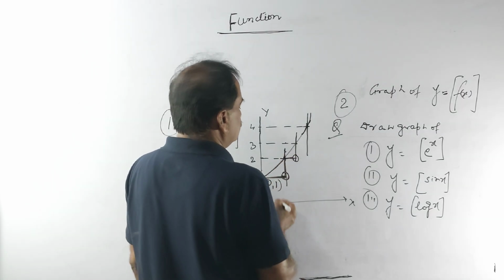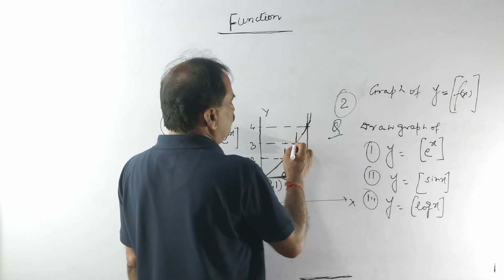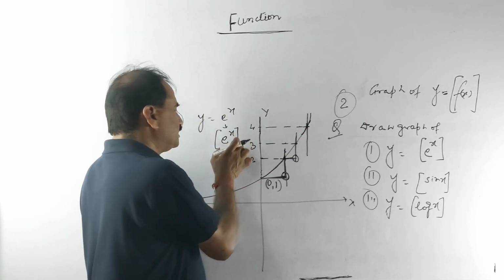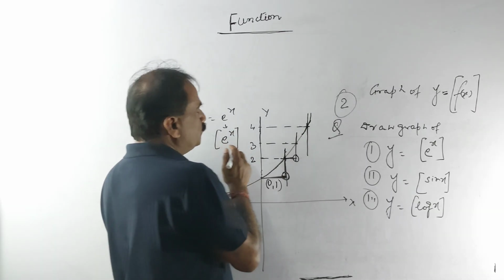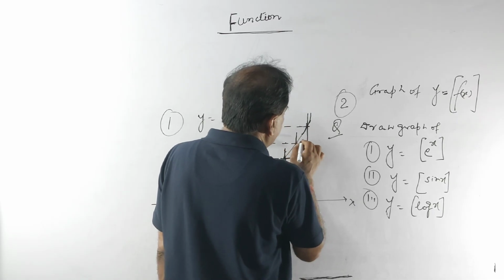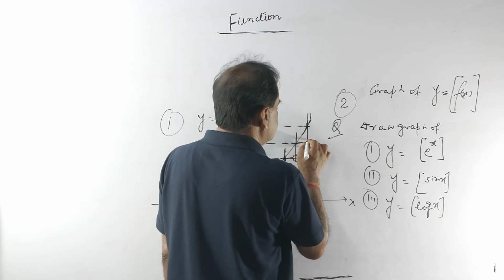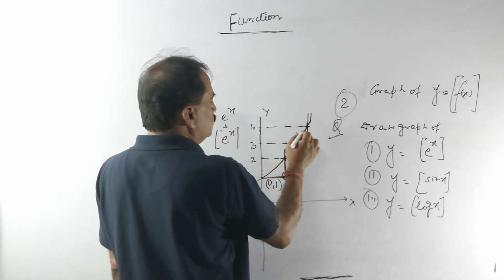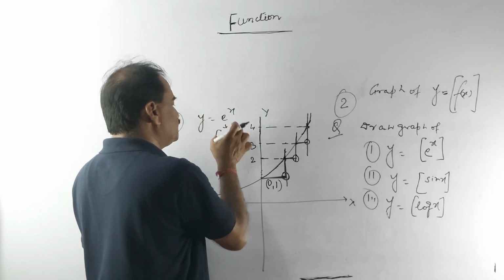This point exists. Now between these two vertical lines, we see the value of x. The value of x lies between 3 to 4. So the integral part of a number between 3 to 4 must be equal to 3. So the y coordinate must be equal to 3. Therefore the graph between these two vertical lines must be this horizontal line. But this point must be excluded, because at this point the value of x is 4, so the integral part must be equal to 4.